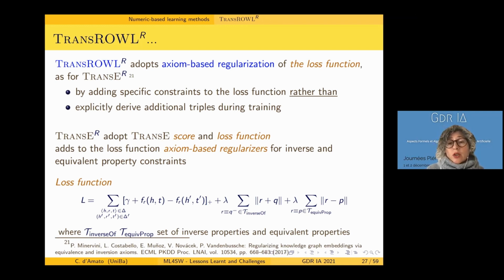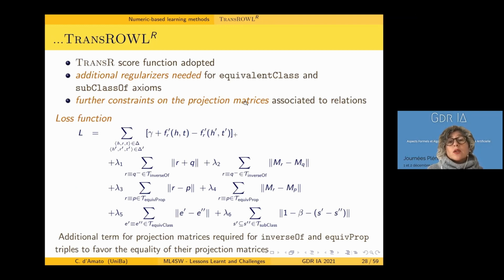The other change is that besides inverse of and equivalent property, we also consider additional axioms, equivalent class and subclass of axioms, that need to be injected within the background knowledge with suitable regularizers.